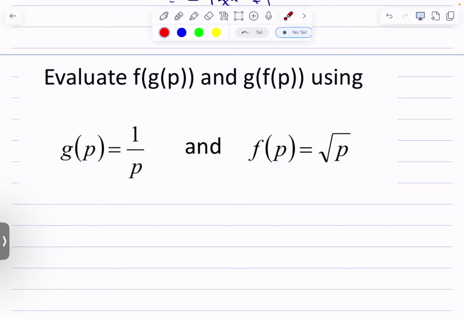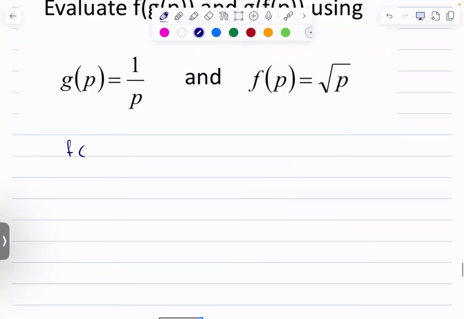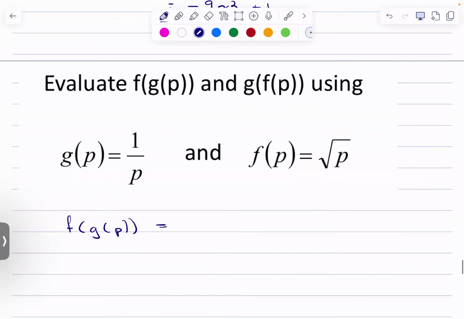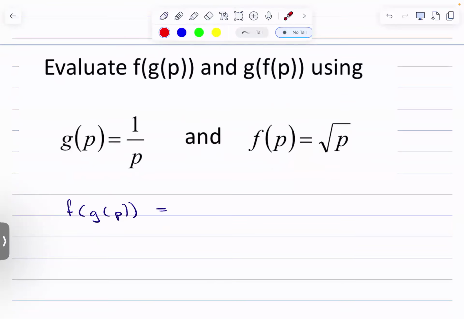Let's start with f of g of p. F of g of p, g of p is 1 over p. So really what I want to find is f of 1 over p. Wherever I see a p in f, I replace it with 1 over p.